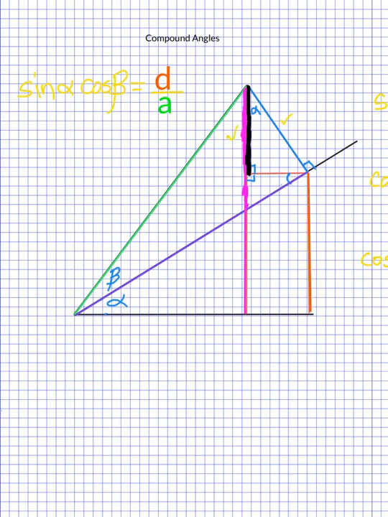So it's going to be the black line, E, the adjacent side, divided by the blue line, which is the hypotenuse of that.